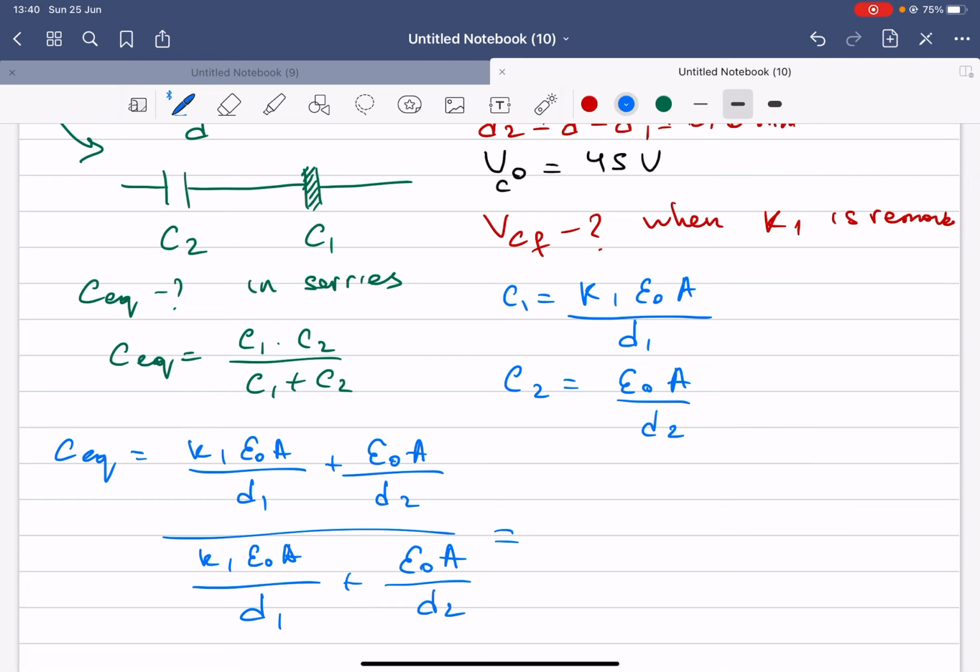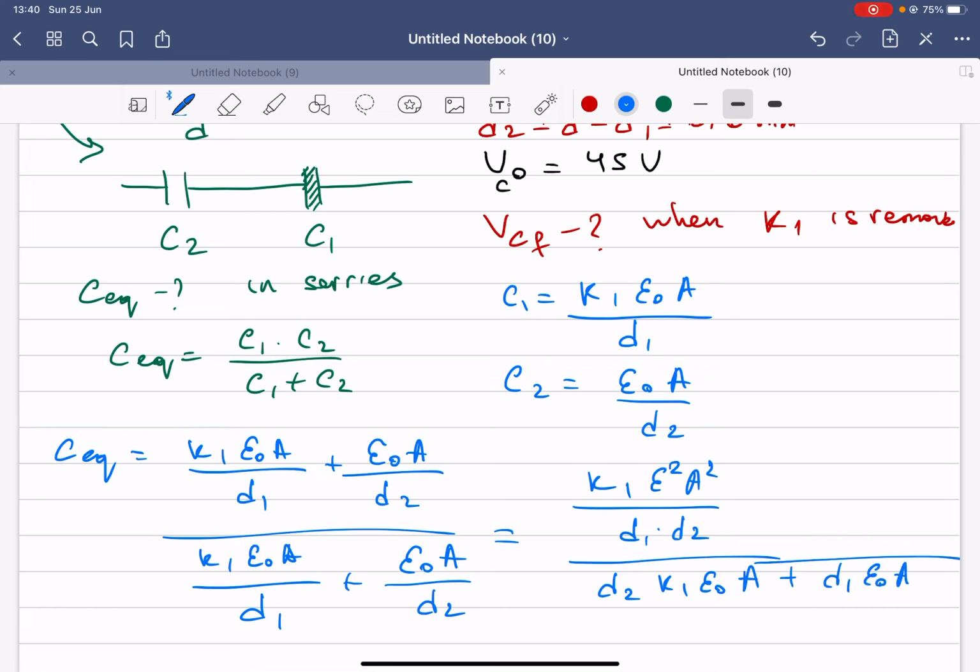After doing calculations, we get K1 epsilon naught squared area squared divided by D1 times D2, over D2 K1 epsilon naught area plus D1 epsilon naught area divided by D1 times D2.